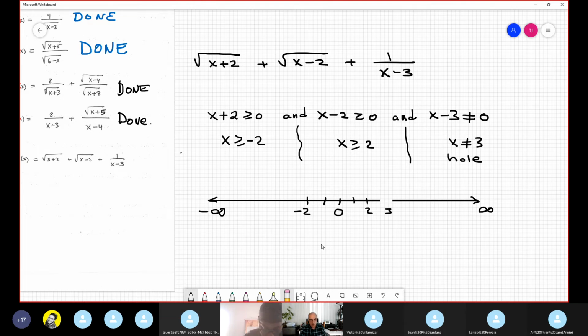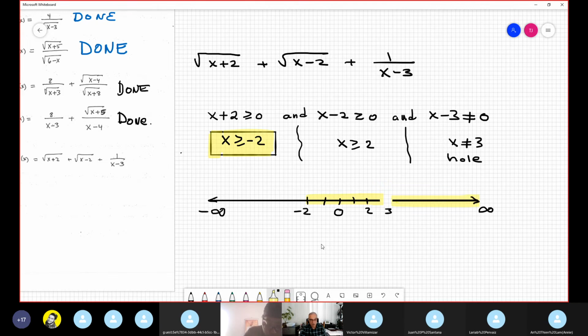Let's do it one by one. I highlight this in yellow, and negative 2 is in that direction. But be careful here: stop, because we have a hole, and continue.